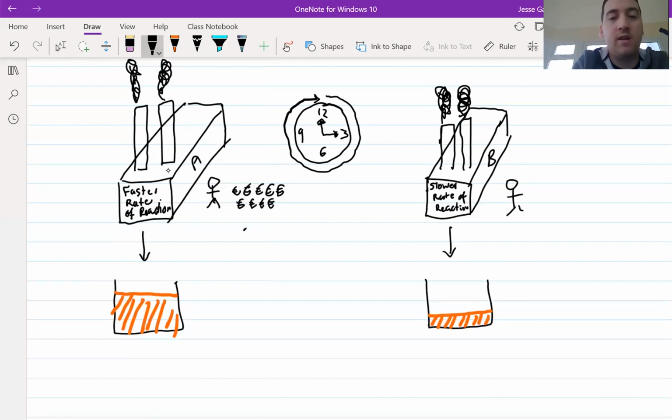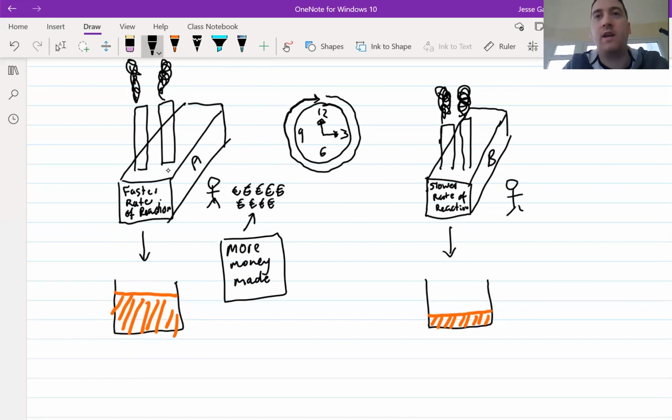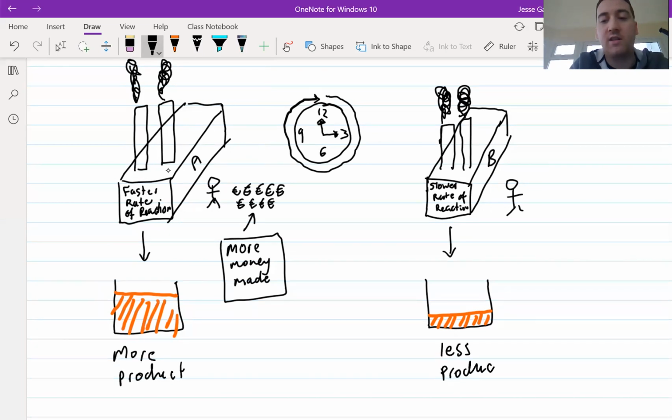So we say factory A has more money made, whereas factory B has less product to sell. So more product for factory A, and less product for factory B. Now, if factory B has less product to sell, then they will have less profit or less money made.